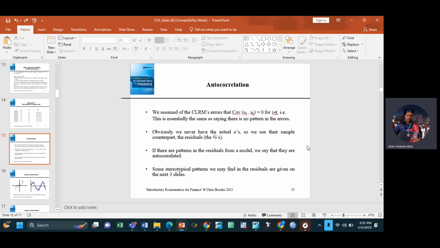I sent you a document last semester. Number 2, try to know what causes it. Number 3, what are the consequences if we use ordinary least squares in the presence of this problem? What happens? Number 4, how can we solve the problem? We already talked about these for heteroscedasticity. Now with autocorrelation, how can we detect it?